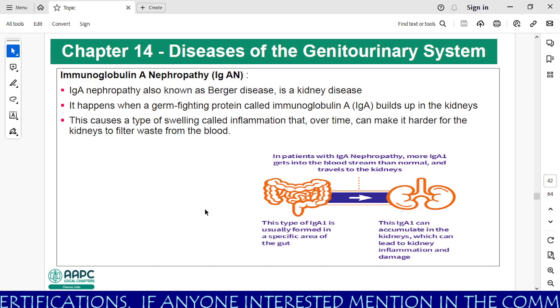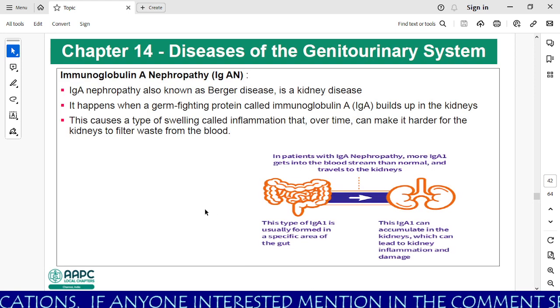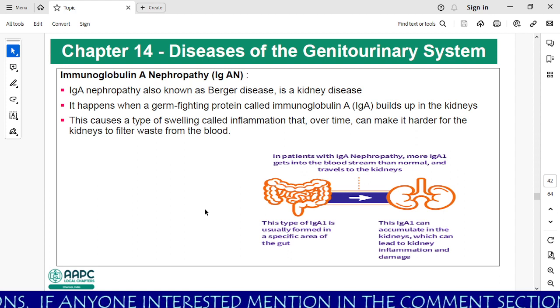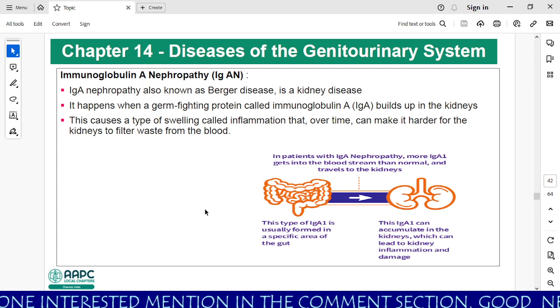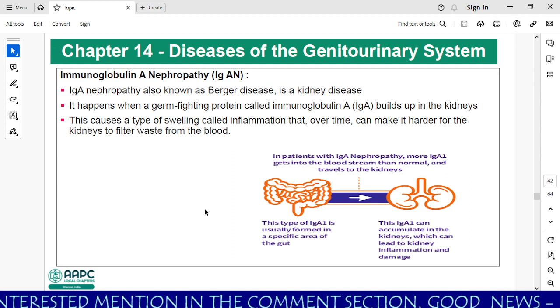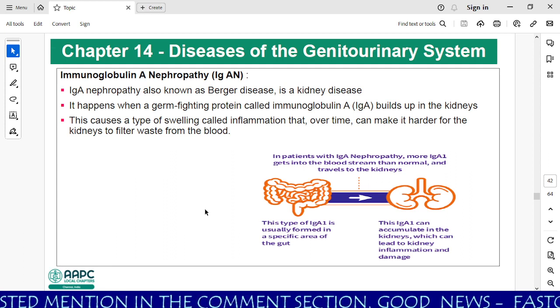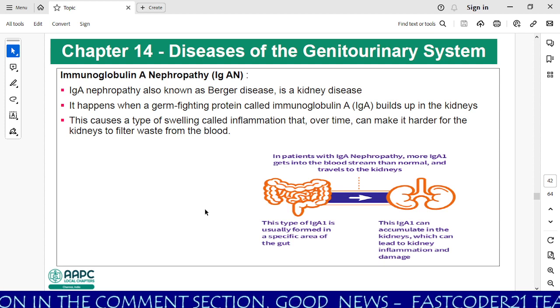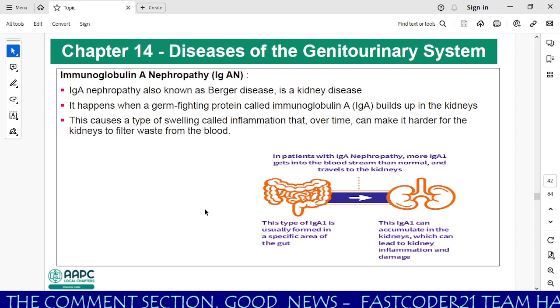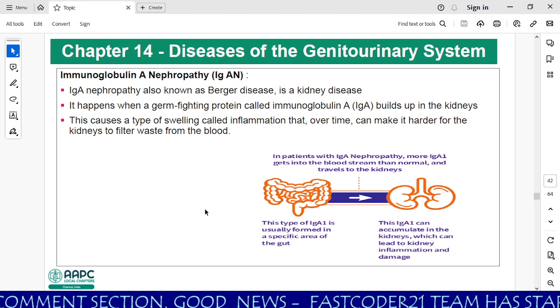Next one added is immunoglobulin A nephropathy, IgAN. IgA nephropathy, also known as Berger disease, is a kidney disease. It happens when a germ fighting protein called immunoglobulin A builds up in the kidneys. This causes a type of swelling called inflammation that over time can make it harder for the kidneys to filter waste from the blood.